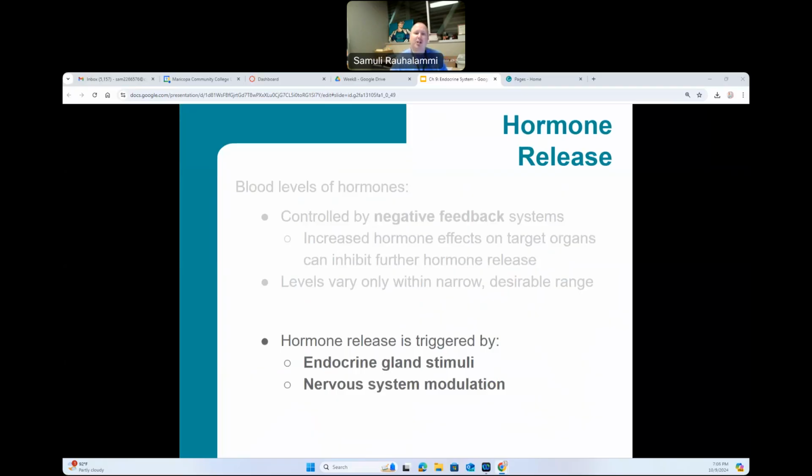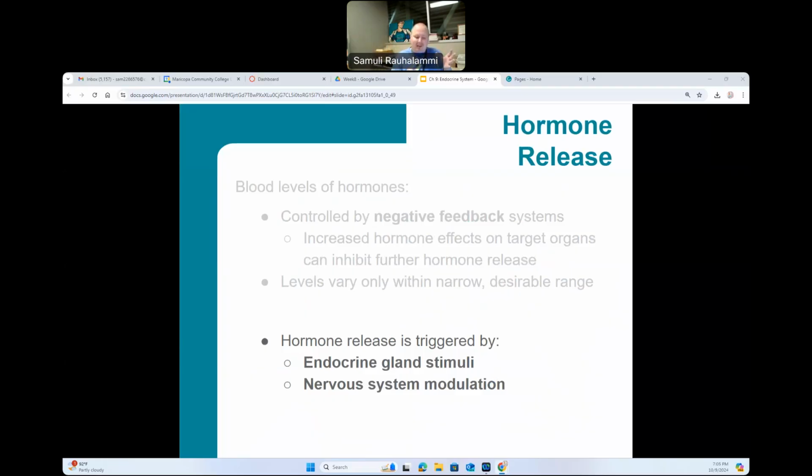So I guess the question that we could now ponder is, what triggers the release of a hormone? Well, what we end up seeing is that there are really two main mechanisms by which hormones are released from an endocrine gland. Well, the first mechanism is that other endocrine glands release a hormone that then acts on that gland and causes it to release hormone.